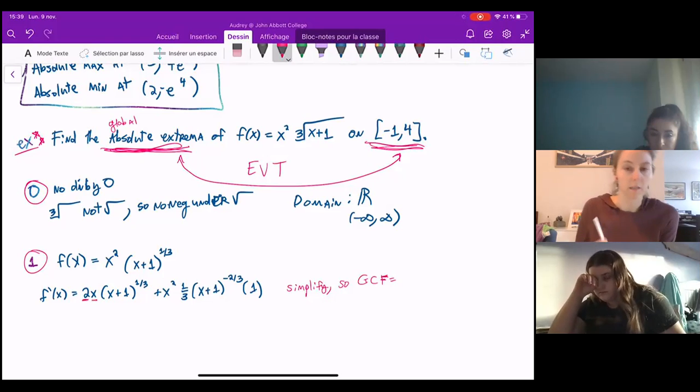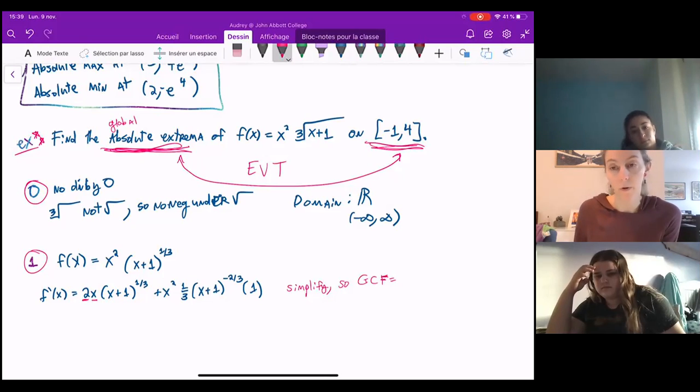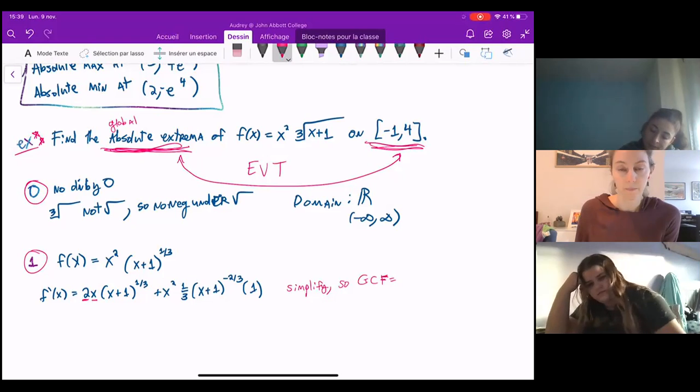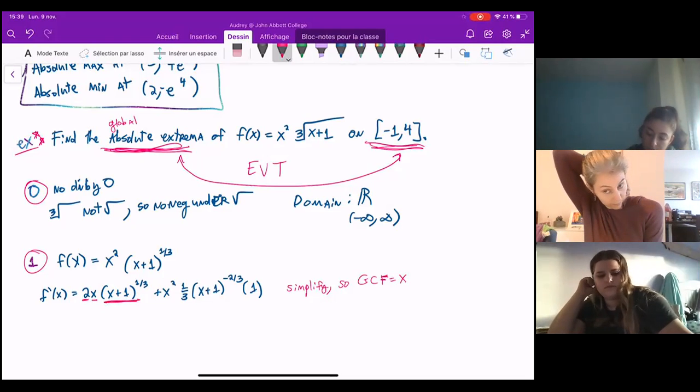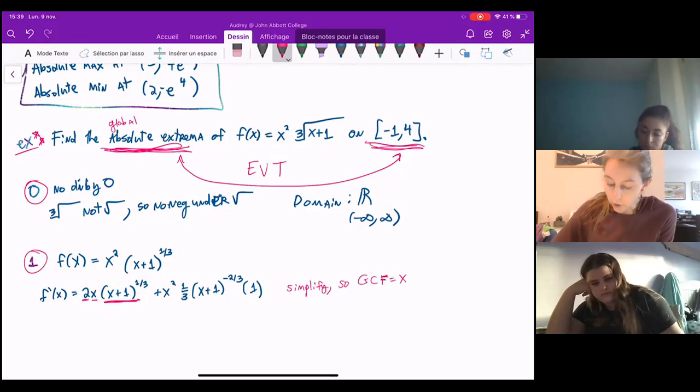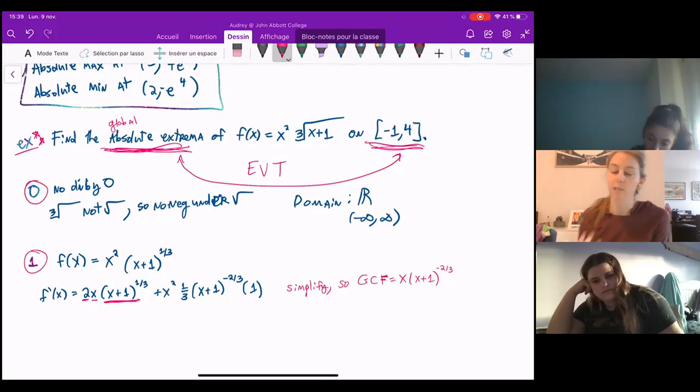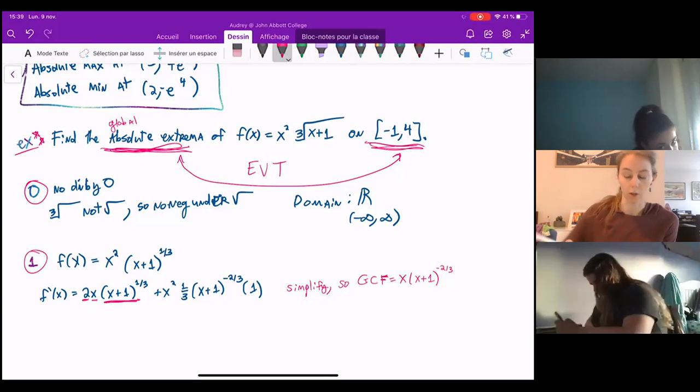Then we move to the x. Is there an x on both sides? What has the lowest power, the x or the x squared? The x. So we bring the x. Then we move on to the x plus 1. Do I have an x plus 1 on both sides? Which has the lowest power, the 1/3 or the negative 2/3? Negative 2/3, you got it. So that is my greatest common factor. The x plus 1 has a power of negative 2/3 in the greatest common factor.